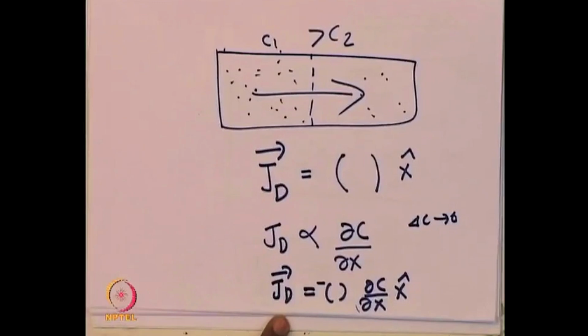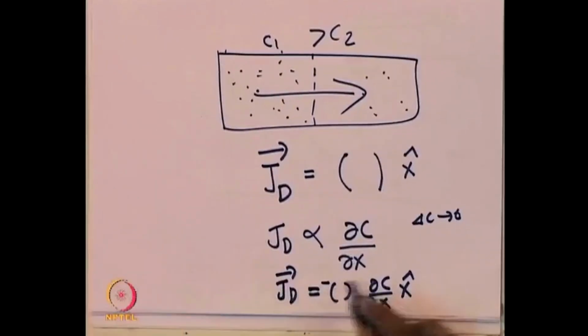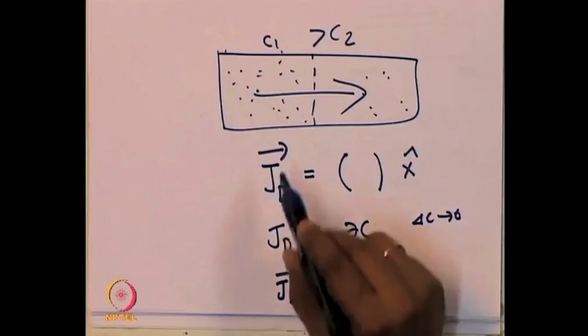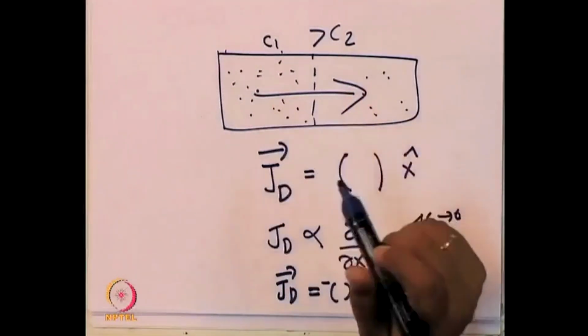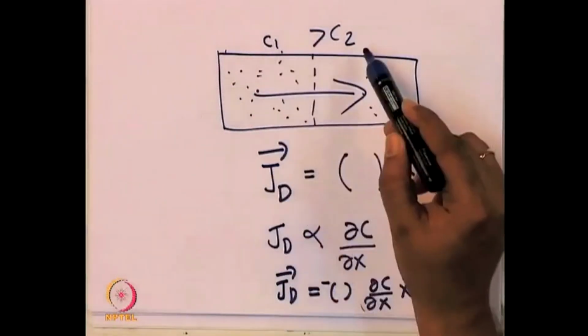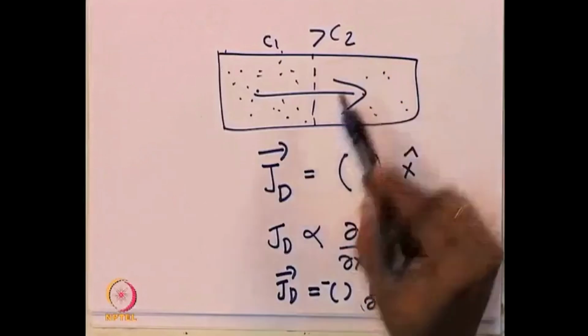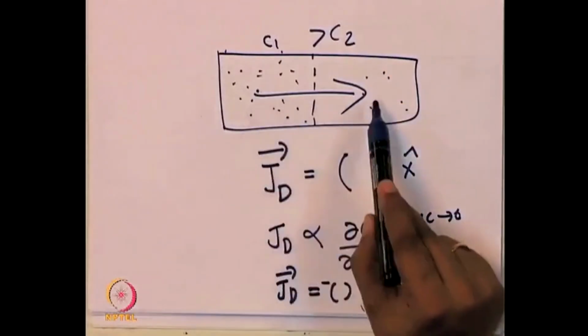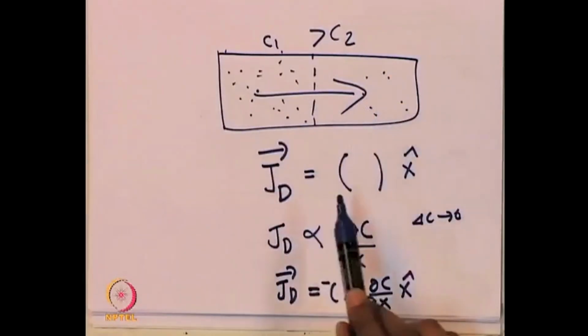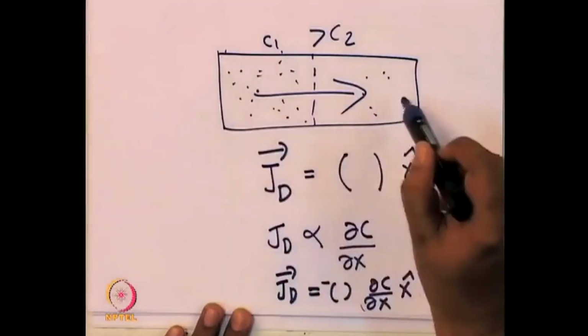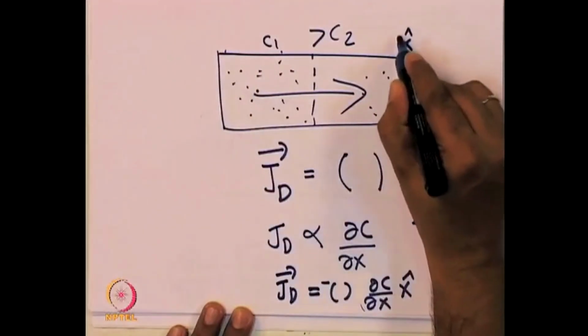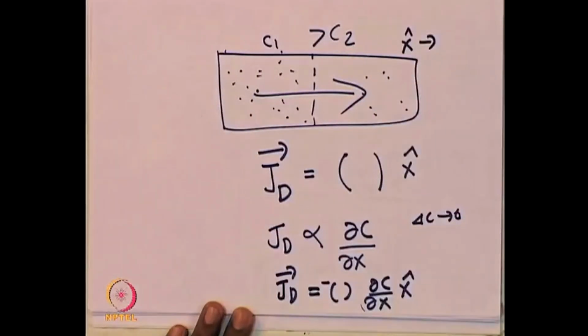So, just from mere common sense we deduce this much. How did we deduce? First we said that C1 is greater than C2, so it will flow from here to here. Since this is the x axis direction, we call this direction the x cap direction.